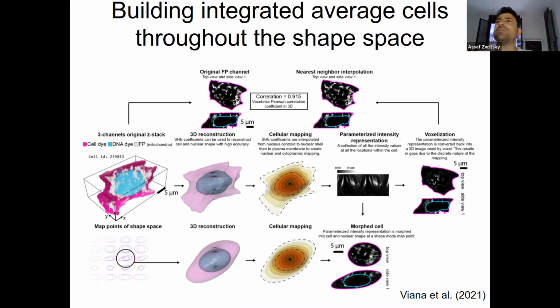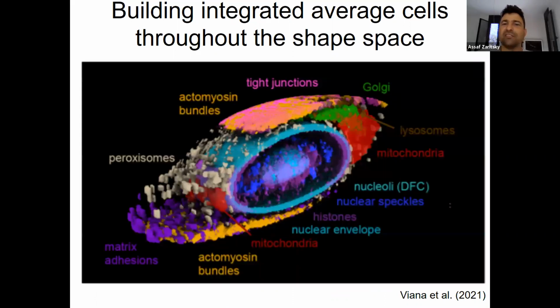And now they wanted to see the variability of different organelles, based on this knowledge that a cell has a specific geometry, because a lot of the cell organization is defined by, or at least correlated with, its shape, right? So eventually they built models, or average models, of cells, where you can look at how the organization of different organelles within cells varies in different shapes.